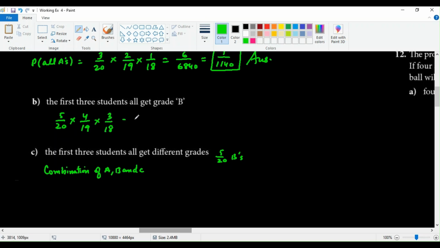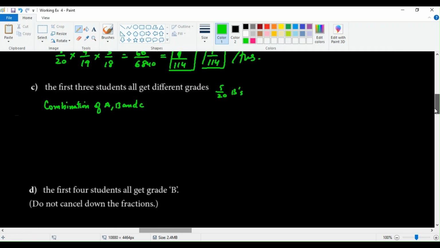So once we simplify, we get 60 over 6840. Once we divide everything by 60, we are going to get 1 over 114 as the answer for this question. 1 over 114 is going to be the answer for this part of the question. Now comes part C.